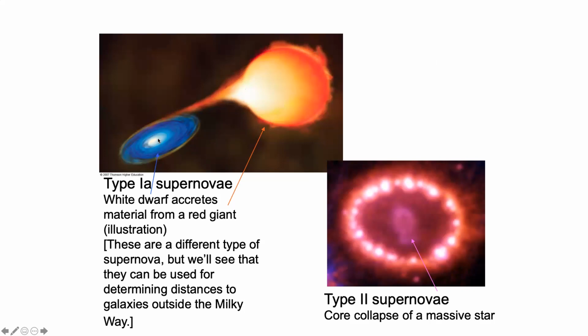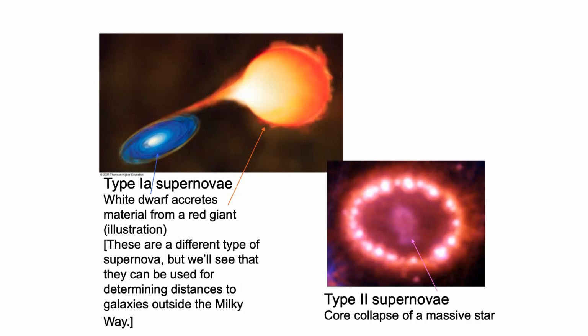The white dwarf can pull some of the material off the surface of the red giant, and you get this accretion disk around it, right? And as the accretion disk starts to build up and material starts to accumulate and it spins faster and faster, the pressure and the temperature are increasing on that inert white dwarf, that inert carbon sphere floating through space.